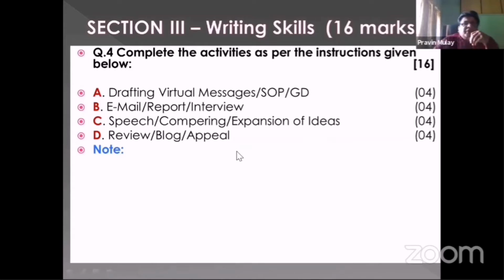The questions based on virtual messages, SOP and GD will be totally novel, and so students will find it slightly difficult to choose whether they should write a virtual message, SOP, or GD. GD, being the easiest way, sometimes may not be easier for the student because the question may not be properly understood. So depending on the type of activity framed on each writing skill, students will choose their own comfort zone, and we have given plenty of options here.